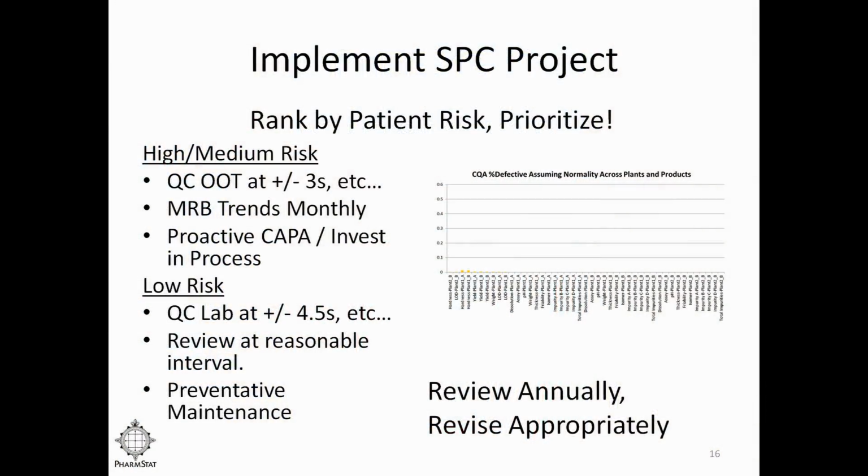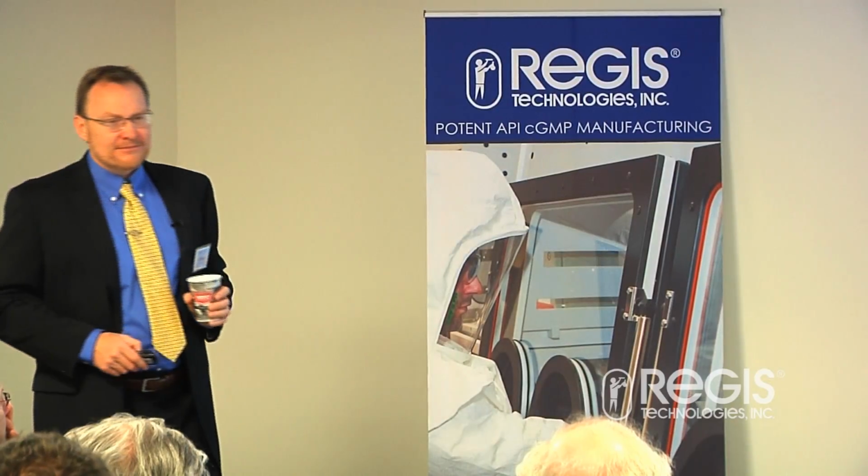And we might set those OOT limits. Well, traditionally it's at plus or minus 3 standard deviations with Shewhart's control chart. But there's other ways. You use tolerance intervals. If you want to expand the limits a little bit, you might add plus or minus 3 standard deviations for the variability, and then another standard deviation and a half for the average, so the average can float too. Yeah?